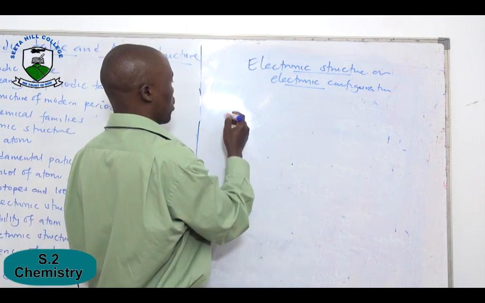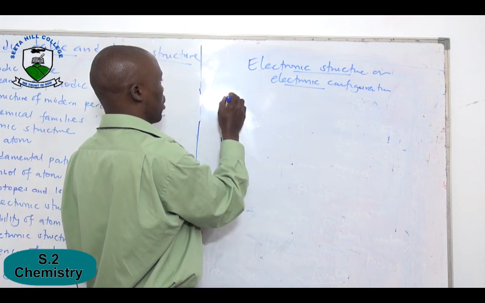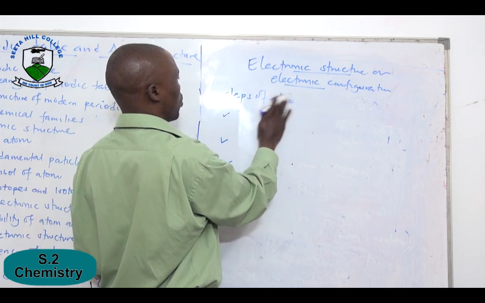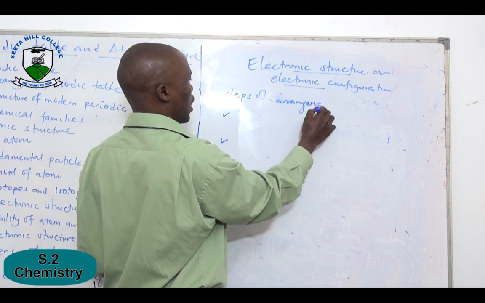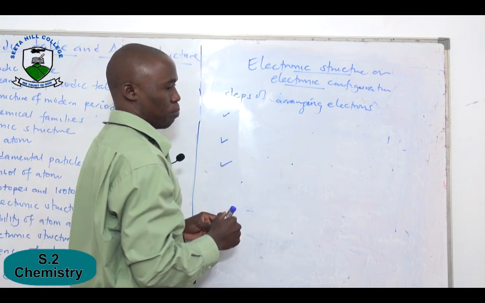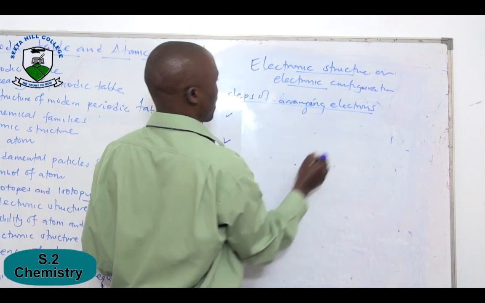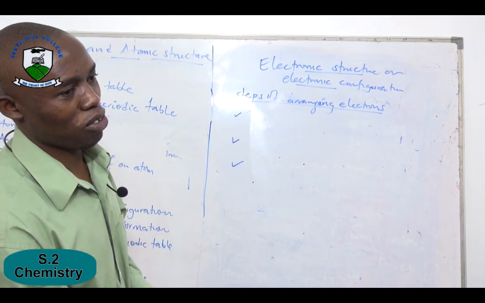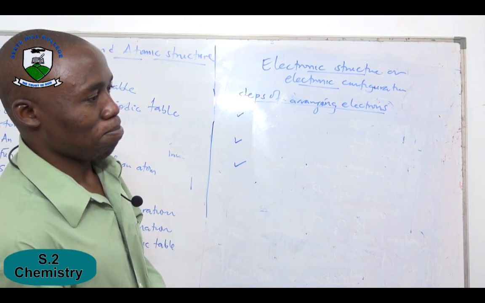Now, the arrangement pattern is such that, steps of arranging electrons, steps of arranging what? Electrons. Now, see, electrons, when they are being arranged here, it was already formed for us. Therefore, we are just enjoying that.